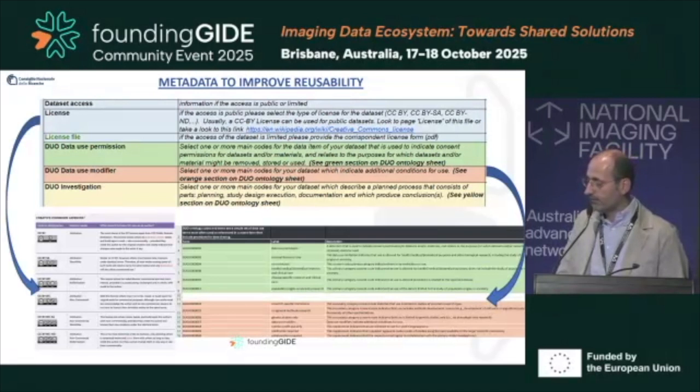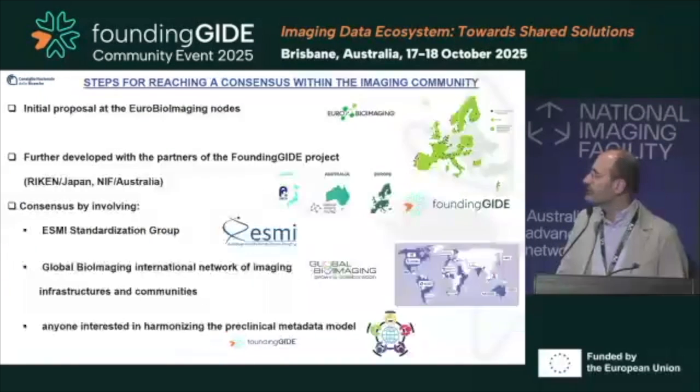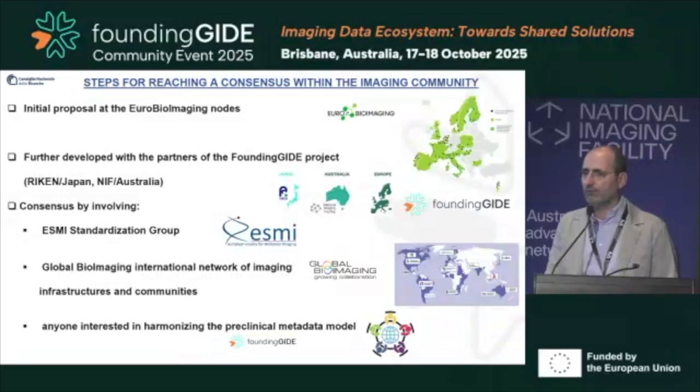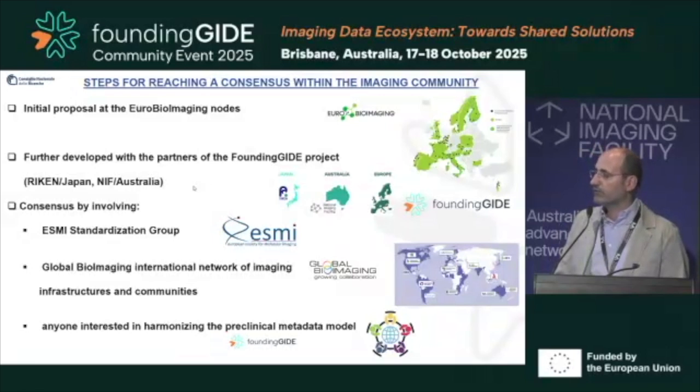And an important point is, of course, how we can reach a consensus. The initial proposal of this metadata model started within the Euro-BioImaging nodes. Then, thanks to the funding from the GIDE project, it has been further improved, thanks to feedback from the partners on the project.